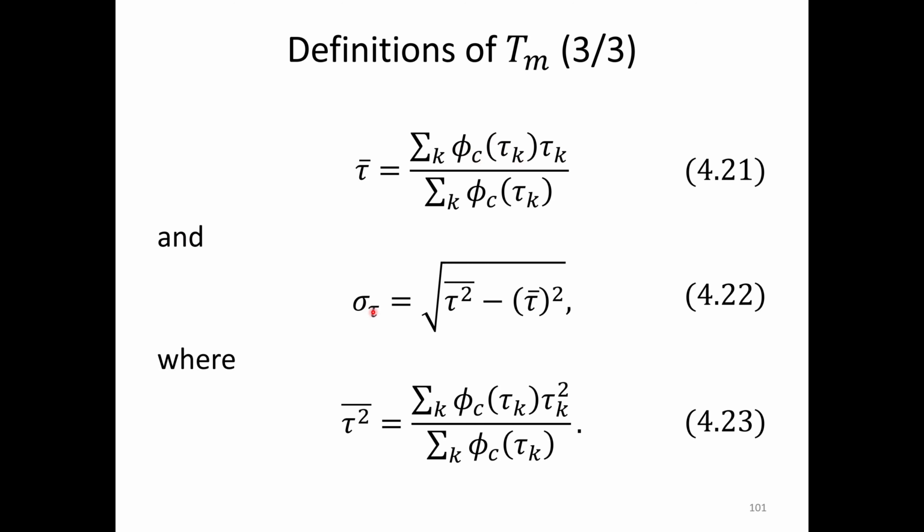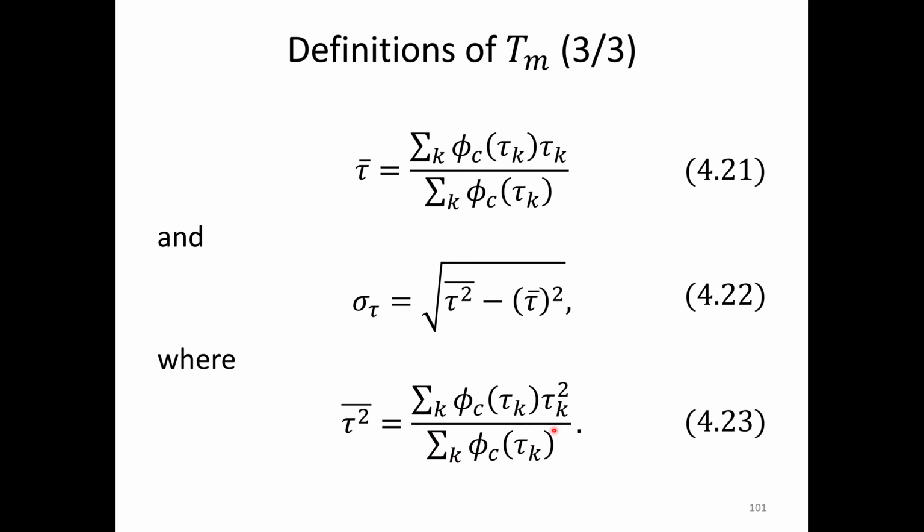And sigma tau is equal to the square root of tau square bar minus tau bar square, where tau square bar is equal to the summation over k of phi c of tau k times tau k square, divided by the summation over k of phi c of tau k.